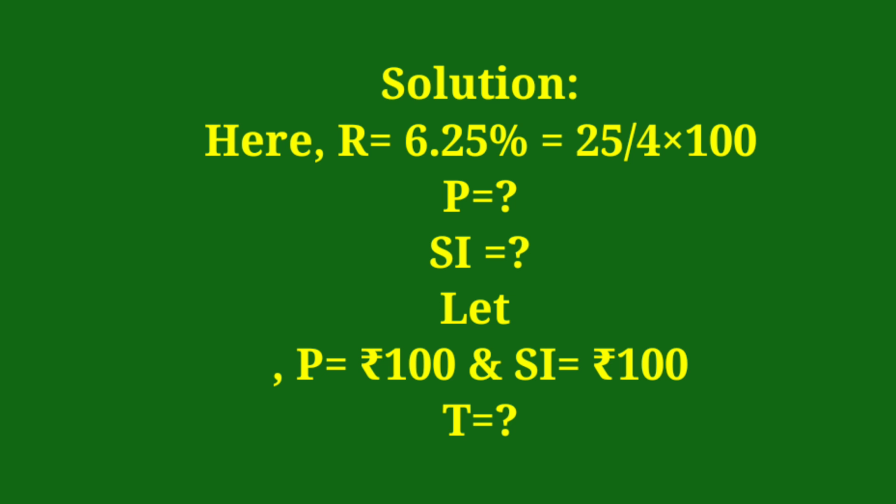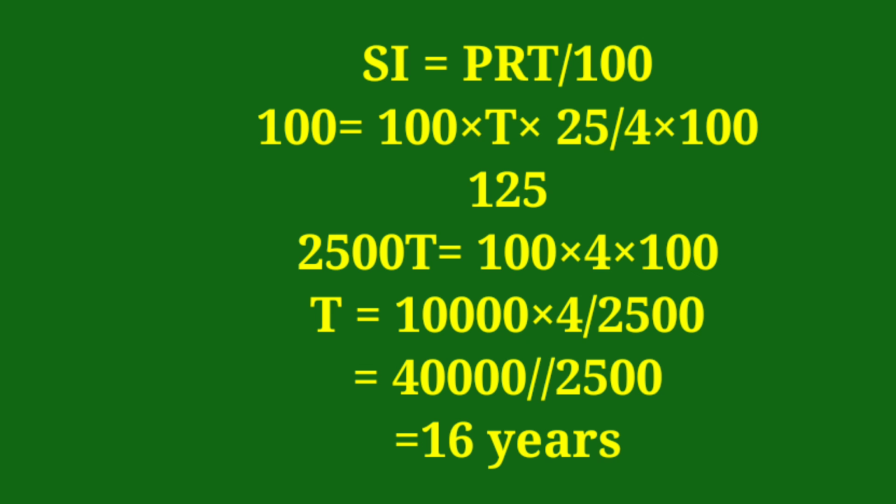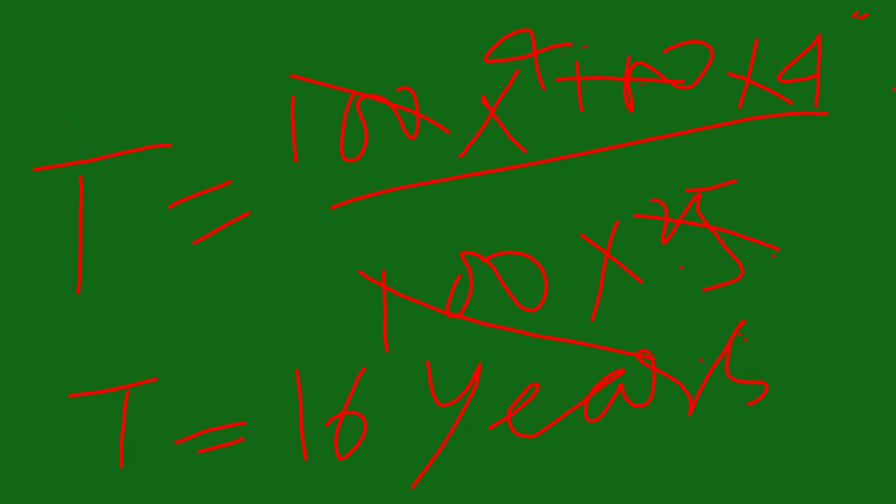So there is a formula of time that I have already taught you in my previous sums. Here is the formula. Simple interest. This way also you can do simple interest. So 2500T.